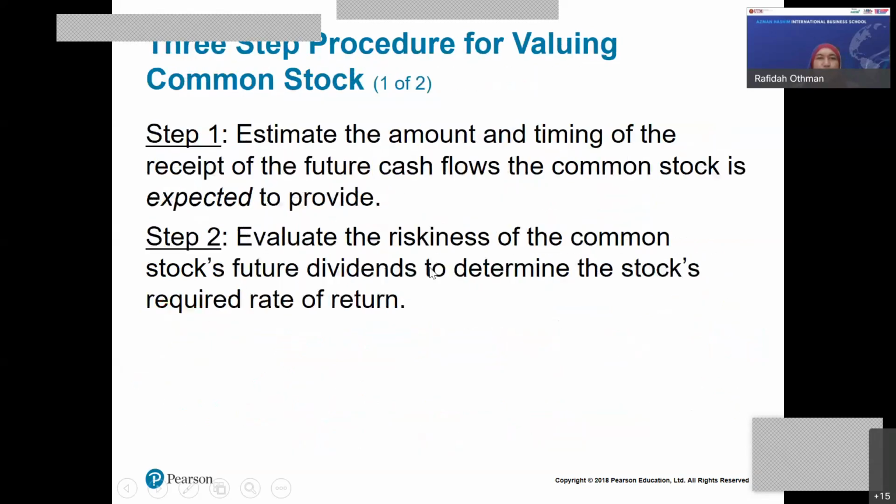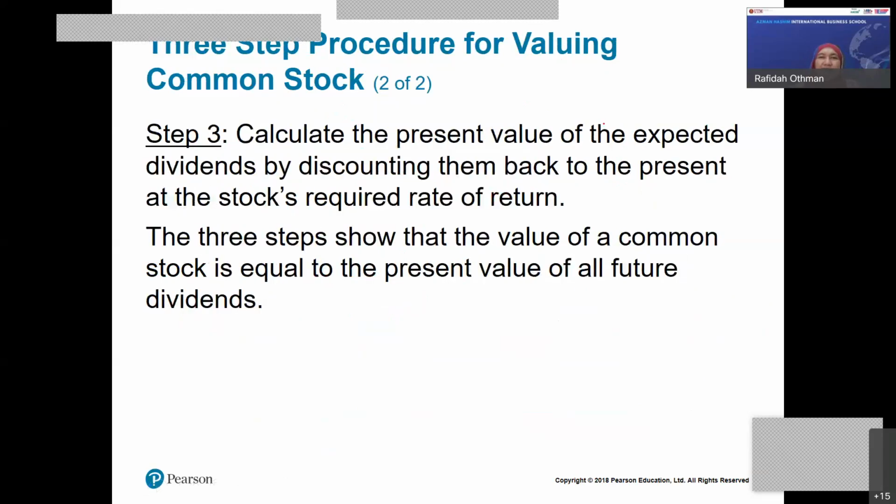To estimate the amount and timing of the receipt of the future cash flow, this is in terms of dividend. Evaluate the riskiness of the common stock in order to calculate the return. And the third one is to calculate the present value of the expected dividend.